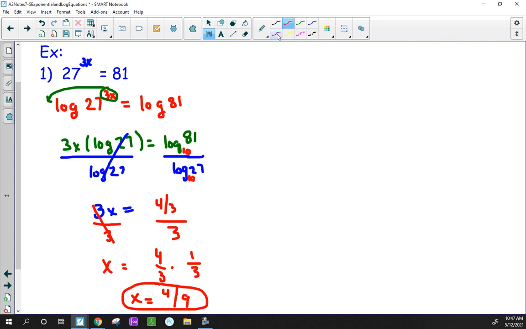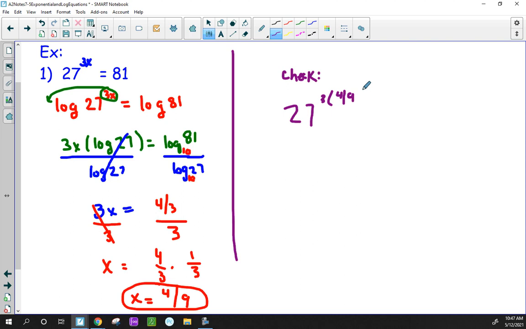Okay, and then we can show a check here to make sure that this makes sense. So we have 27 raised to the 3 times 4/9, and that's supposed to be equal to 81. So we're going to multiply 3 times 4 ninths.